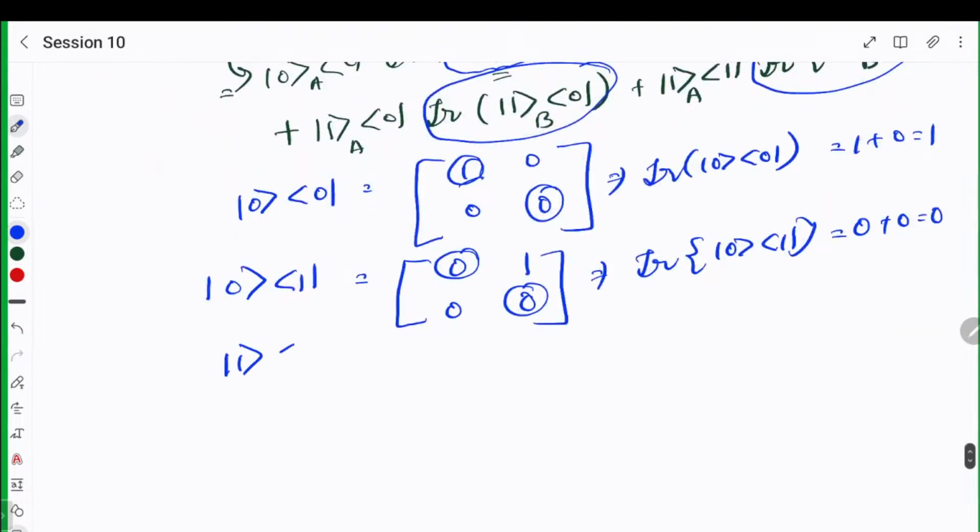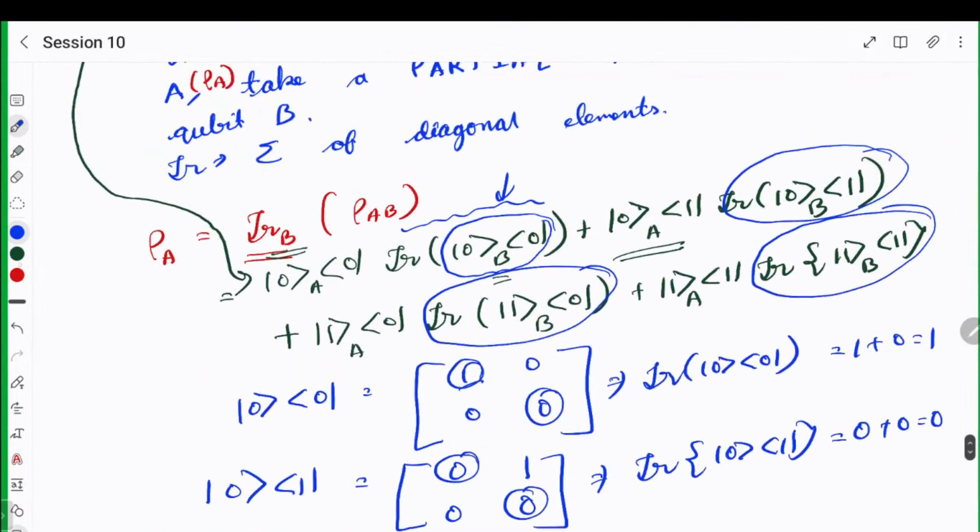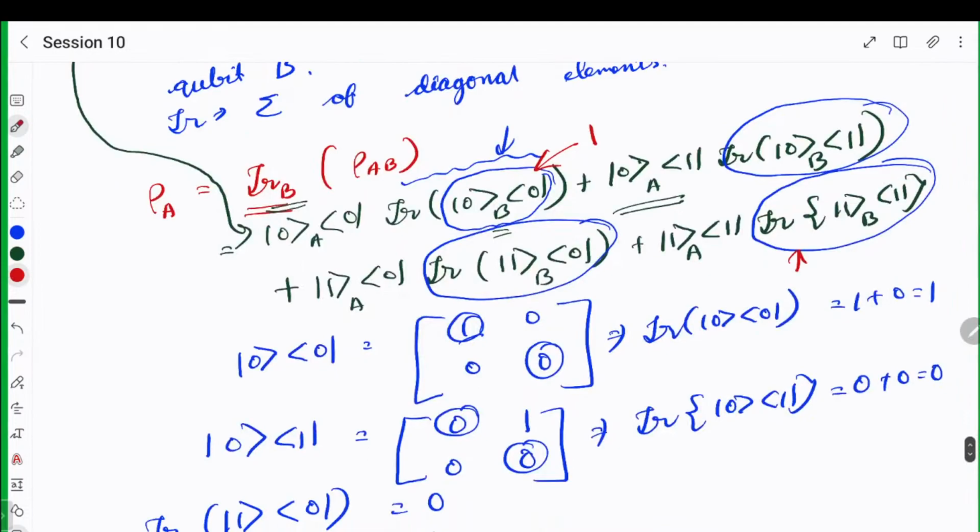Similarly, for |1><0|, if you take the trace, you will find that this is 0. And trace of |1><1|, if you find, it will be 1. So here, this trace value is 1, this trace value is 1, this trace value is 0, this trace value is 0. Since this is multiplication by 0, these two terms will disappear.